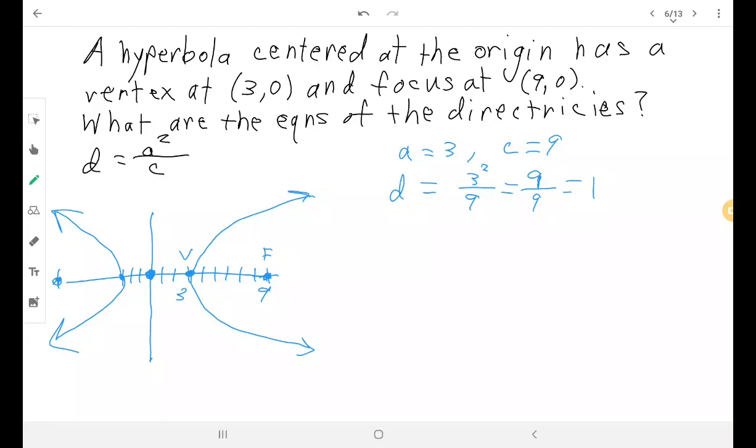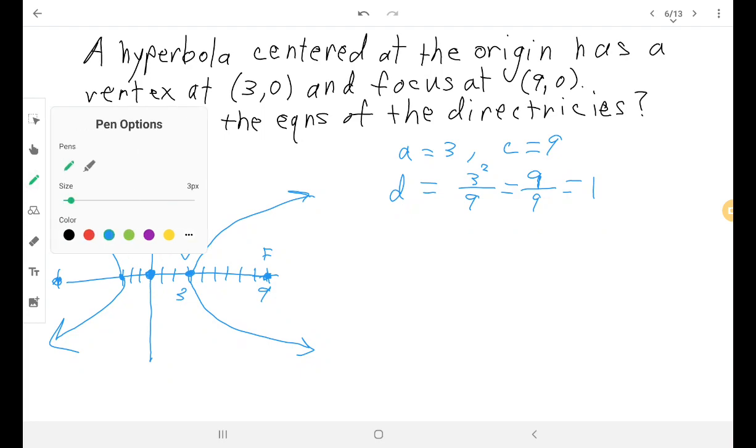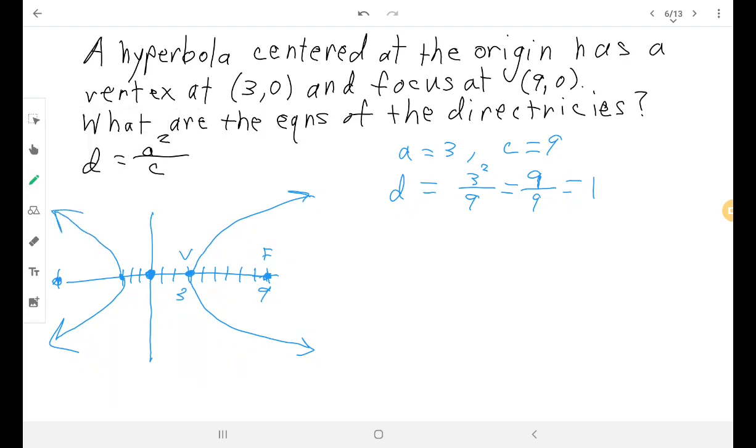it's a distance of 1 away, so let me put the directrices in red, because I don't really like them anyways. They're kind of evil. 1 is here, 1 is here, each a distance of 1 away in both directions, and traveling so that they never touch the graph itself.